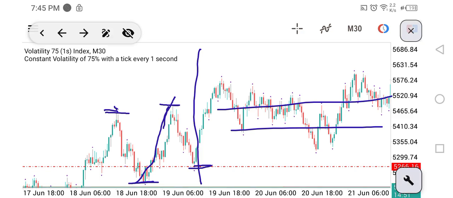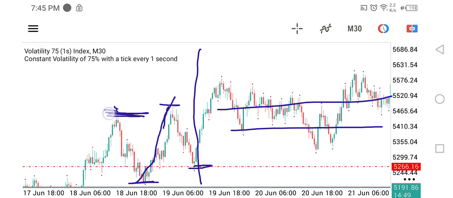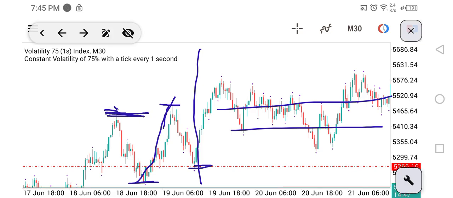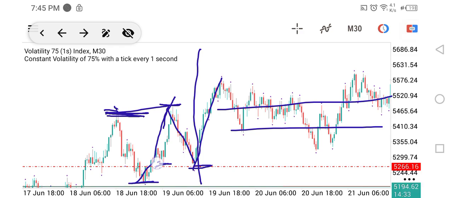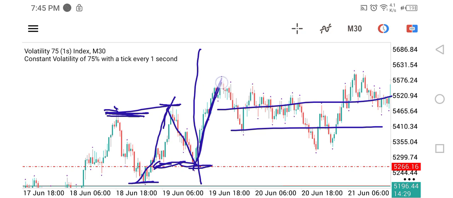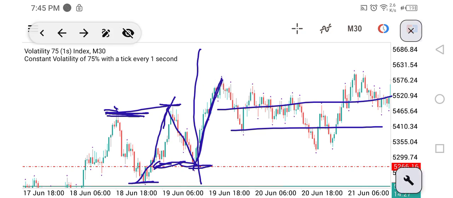This move did not really break and close above this high. So that is actually a liquidity sweep. Before price now came again downward and swept this liquidity again, then went ahead to confirm this close. What does that mean? This liquidity sweep here is the fuel for this movement, right?